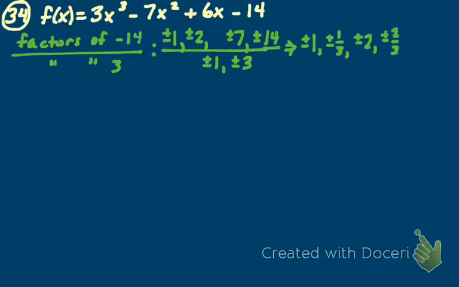And then our next candidate at the top was 7, so that's plus or minus 7, and then plus or minus 7 over 3. And then we have one more set to go, and that is plus or minus 14, and then plus or minus 14 over 3.